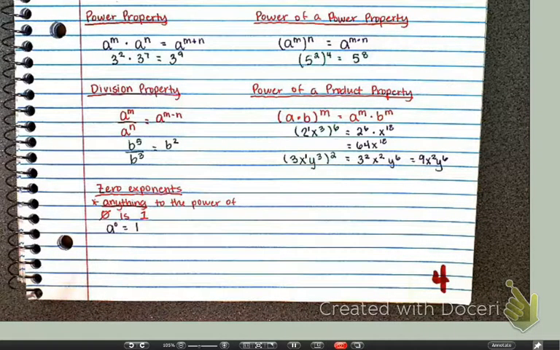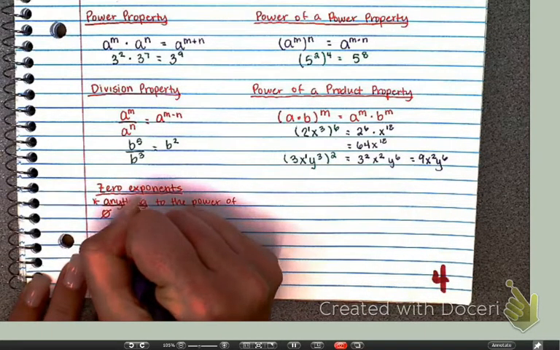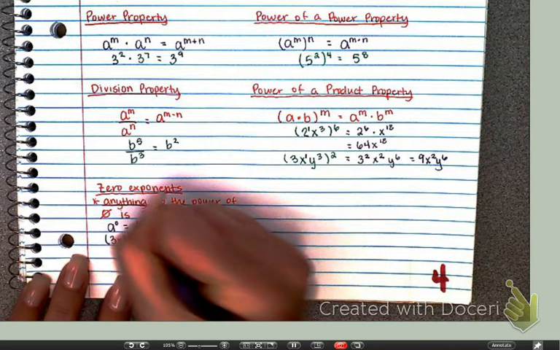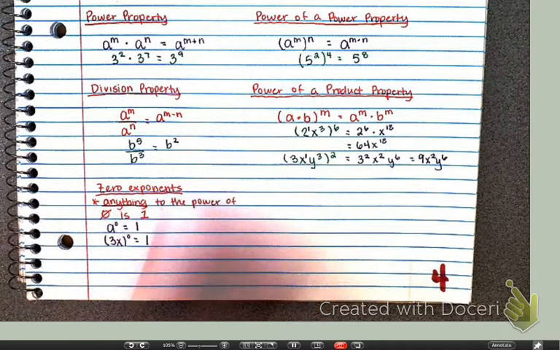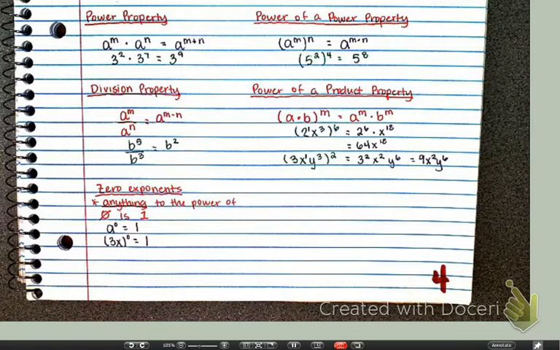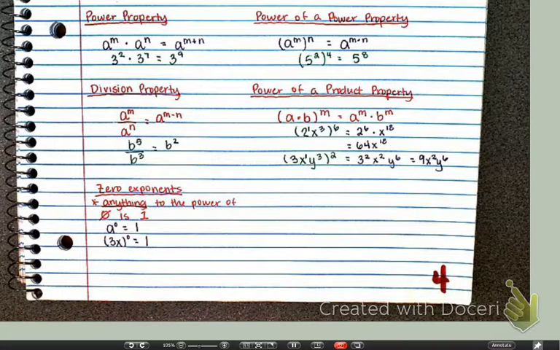Was that really exciting? Okay, what about 3x to the 0 power. 1. Nope. Because it's 3 to the 0 power, which is 1, and x to the 0 power, which is 1, and what's 1 times 1? 1.